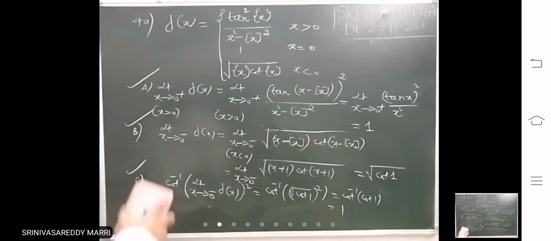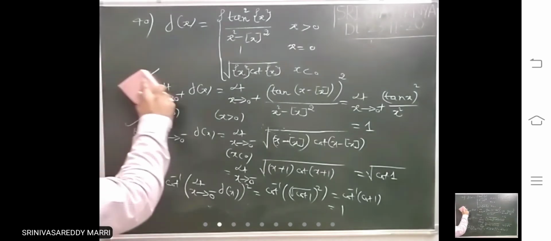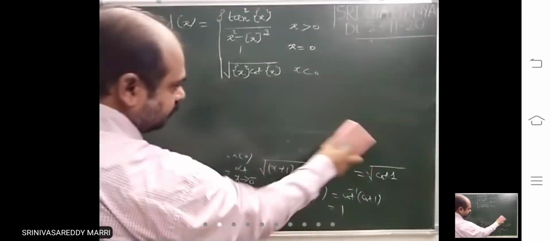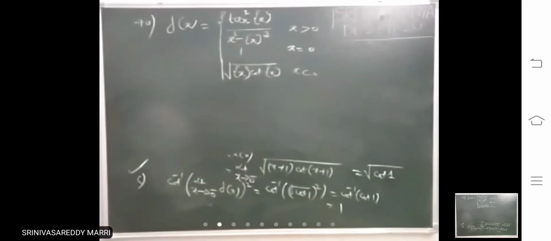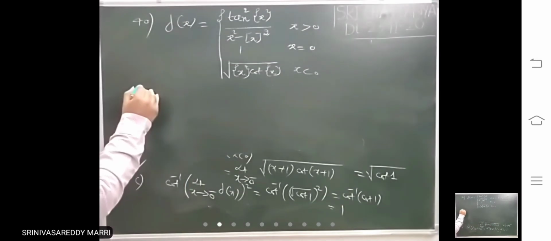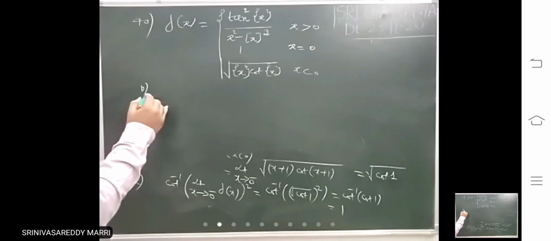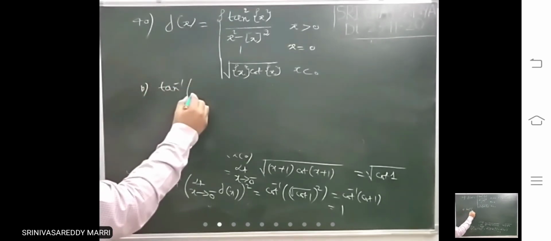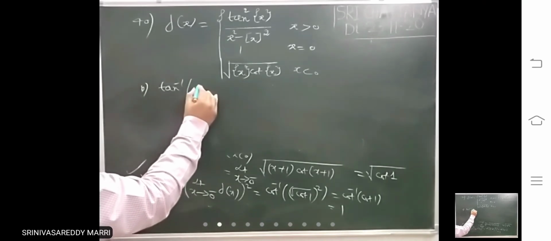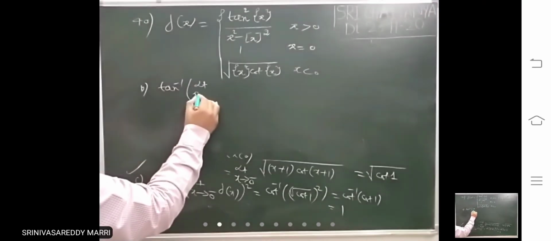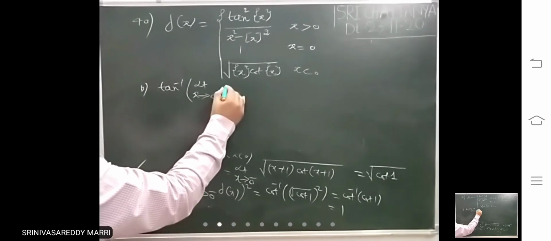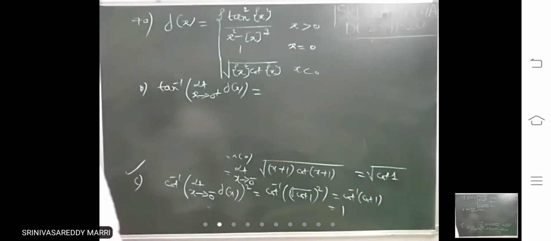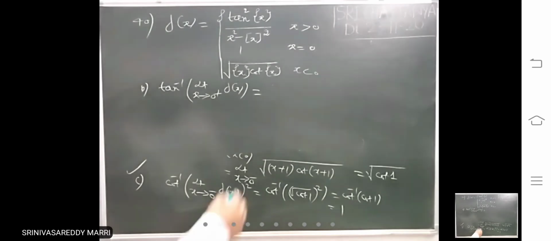Look at the D option. So tan inverse, limit x tends to 0 plus f of x. 0 plus is already calculated in the first option.